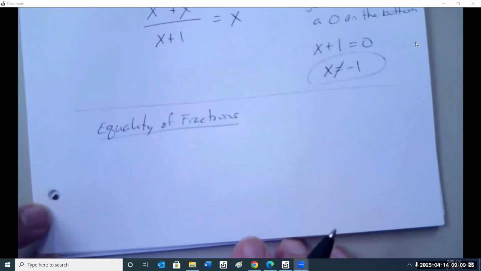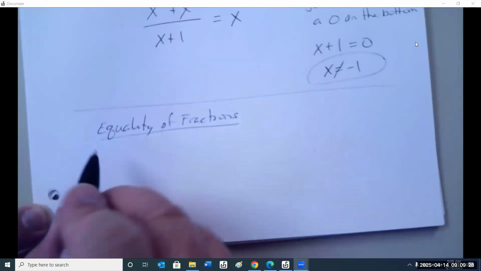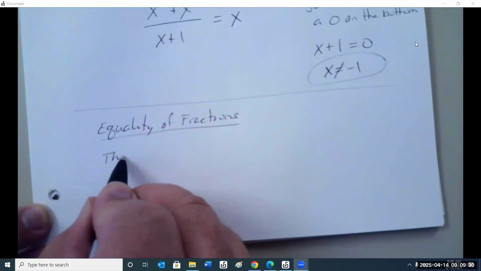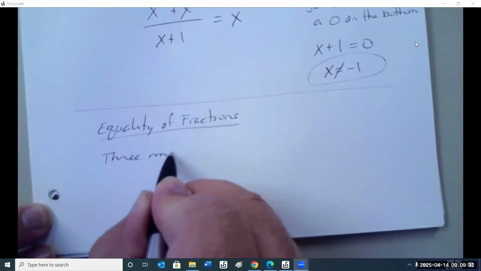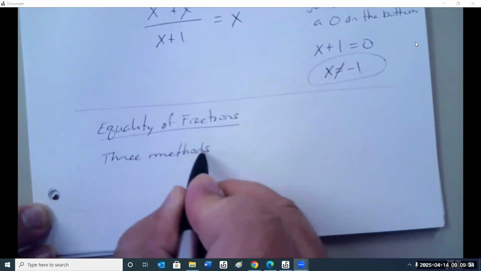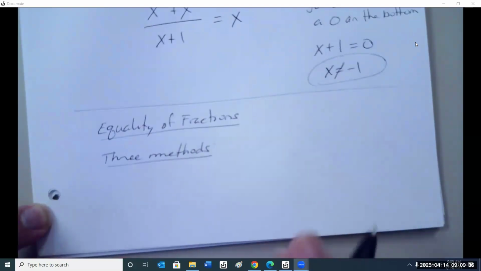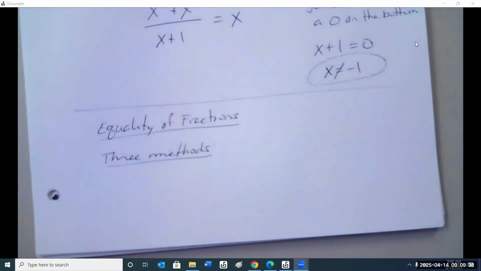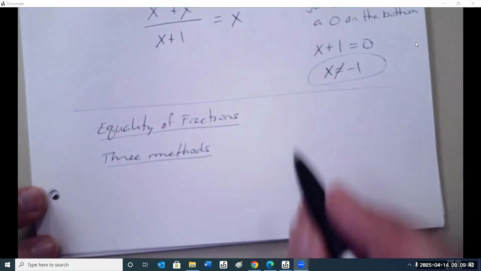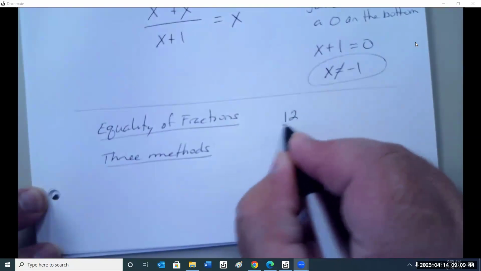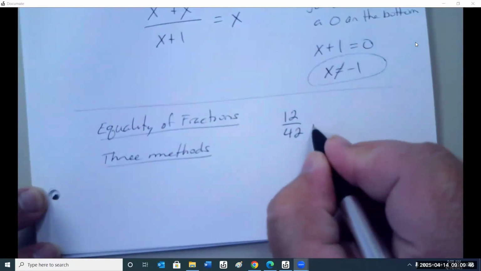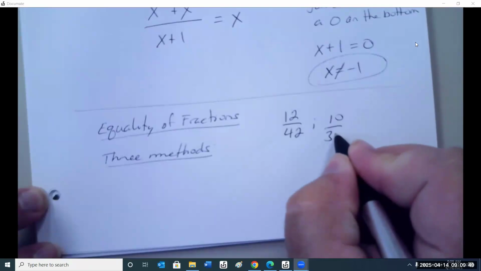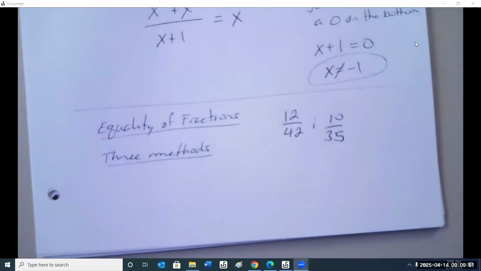Equality of fractions. We have 3 methods to prove if 2 fractions are equal. We'll use these numbers, the same ones we used earlier. Are they equal?